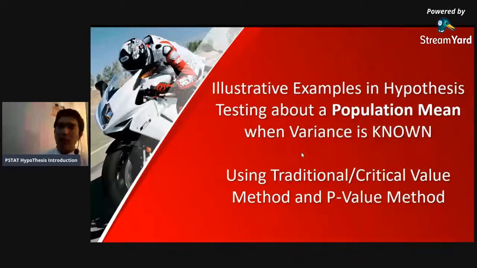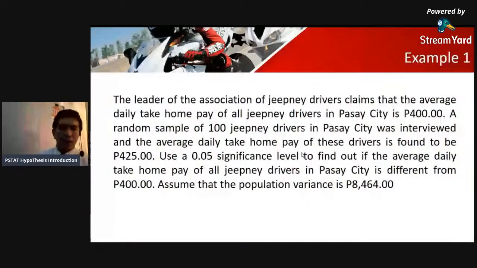Example one. The leader of the Association of the Jeepney Drivers claims that the average daily take-home pay of all drivers in Pasay City is 400 pesos. A random sample of 100 jeepney drivers in Pasay was interviewed and the average daily take-home pay of these drivers was found to be 425.